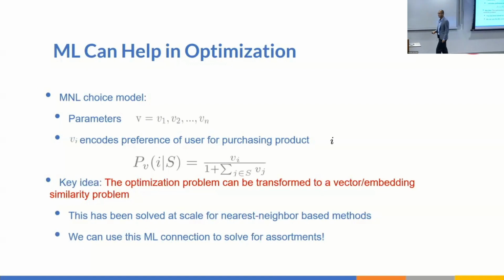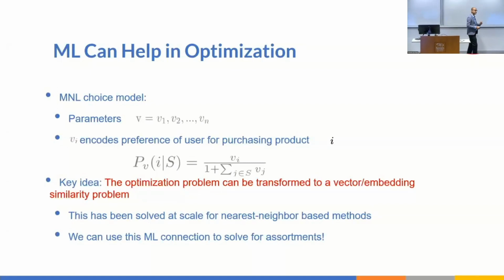I don't know if you've done an ML 101 type of course, but nearest neighbors is like the first tool that they expose you to, and it's actually a very versatile tool. It is one of the most underrated but really good tools in machine learning. So in this application, what we did is map that assortment optimization problem that I showed you in the previous slide to this nearest neighbor search.